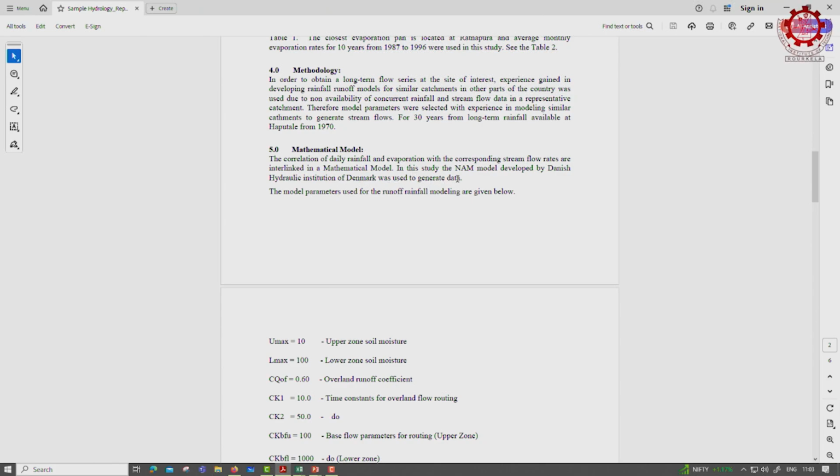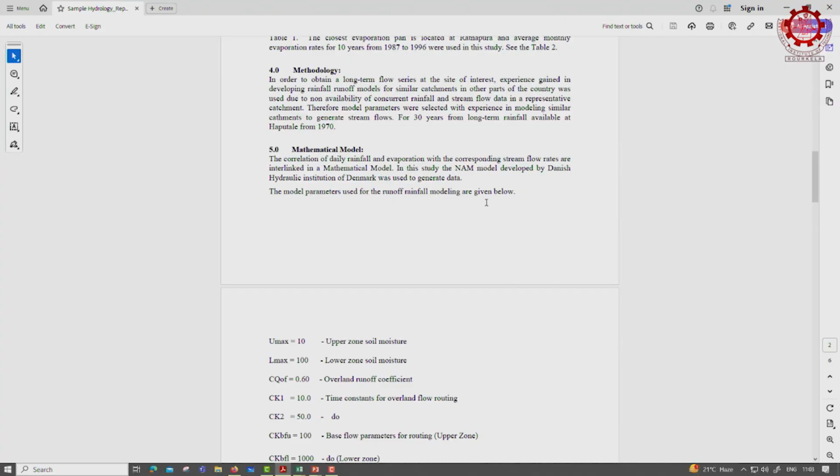In this study, the NAM model developed by the Danish Hydraulic Institute of Denmark was used to generate data. So, that is his expert area. He is using various models to determine the daily average flow rates that can be expected depending upon the available data.